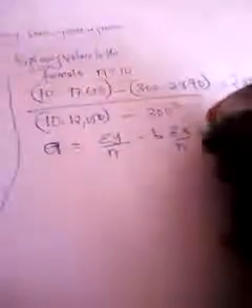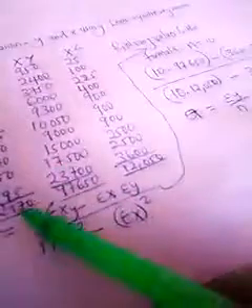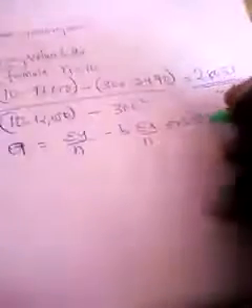Now replacing this in the formula, the summation of y is 2970, so it will be 2970 all over n, which is 10, minus b, which you've already calculated.